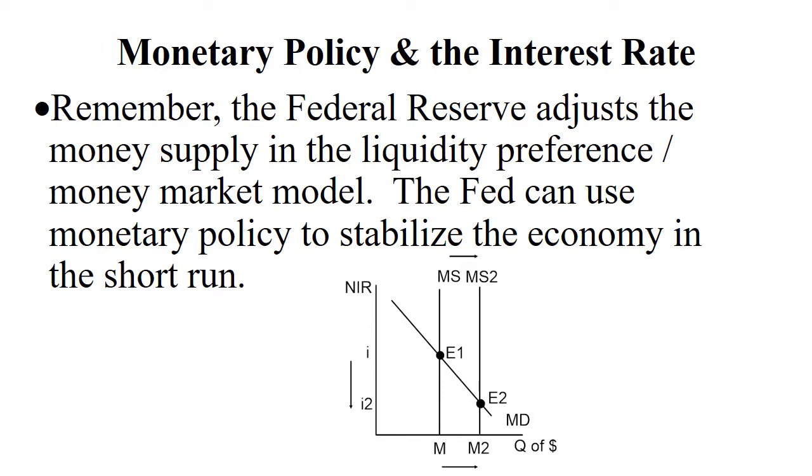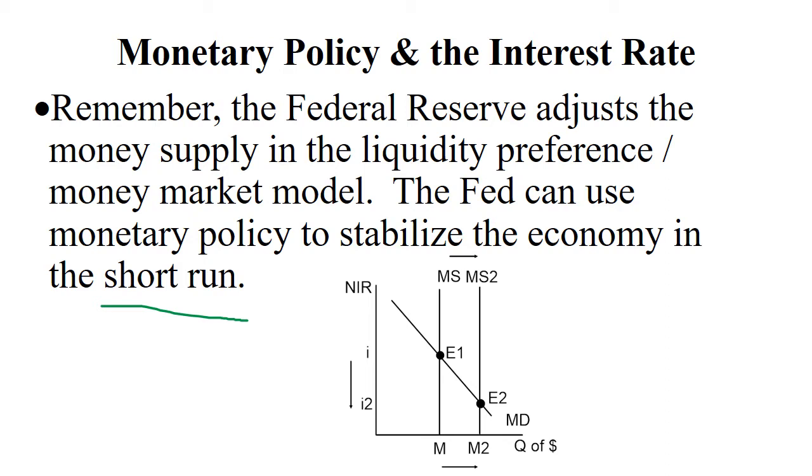Now, the key idea with all of the monetary policy is that it only has short-run effects. So we saw at the end of the previous unit that short-run shifts will change the interest rate. We can see here that we have expansionary monetary policy. It's shifting right, and we have a decrease in the nominal interest rate.